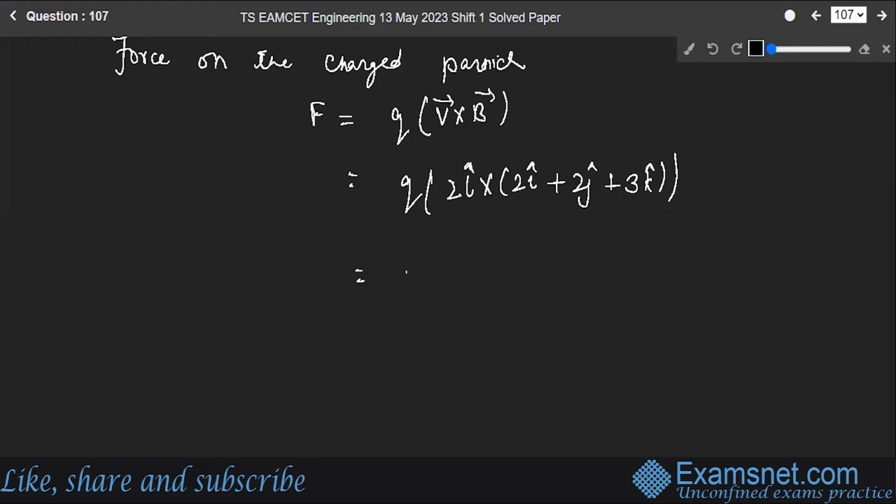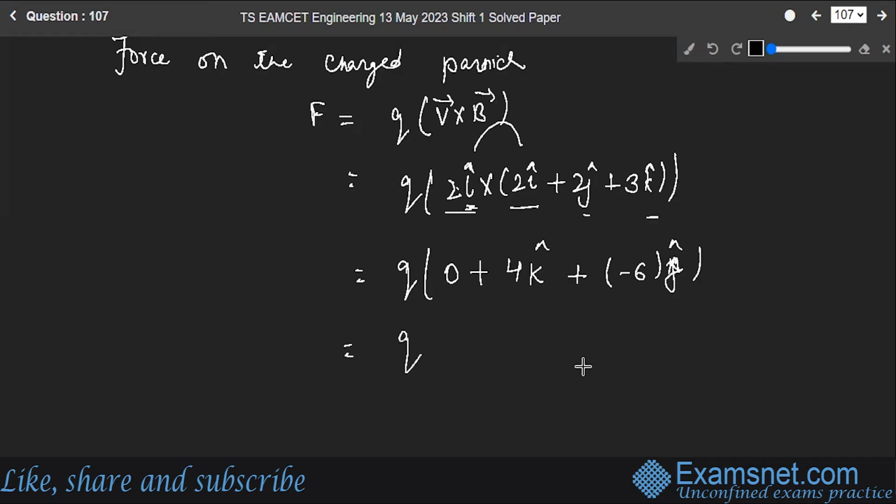So this is equal to Q and 2i cross 2i, this will be 0, because they are having a 0 degree between them, and sine of 0 degree is equal to 0. And you have 2i cross 2j, this will be 2k, because the cross product of i and j will give you k, and this will be minus 6j, right? Because i and k, so it will be minus 6j.